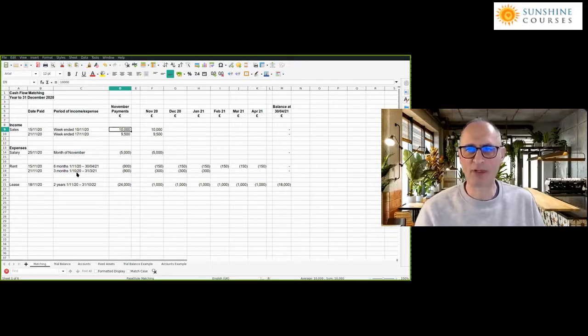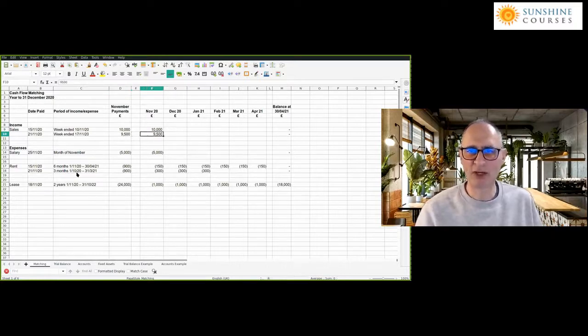So the way we represent this in this spreadsheet is this column here is the total payments in the month of November. And the £10,000 relates to the week ended 10th of November, which means it's accounted for in the month of November.